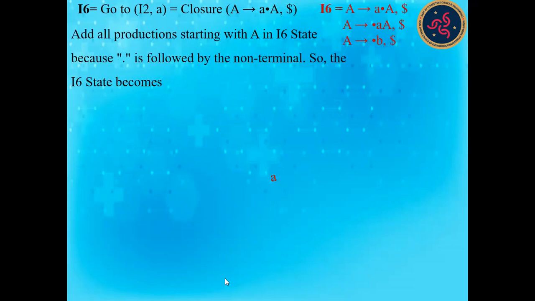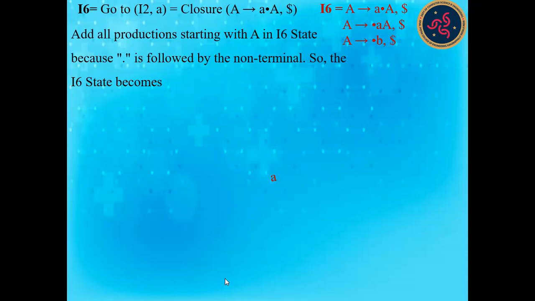I have taken the A productions and added the dollar symbol directly as their look ahead symbols because this A is coming as the last symbol of these productions. According to our rule, I need to find out what comes after A. It is first of dollar symbol. What is first of dollar symbol? That is dollar symbol.